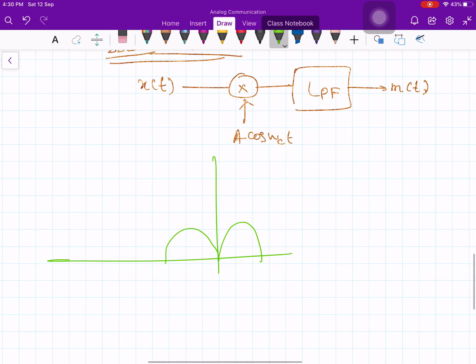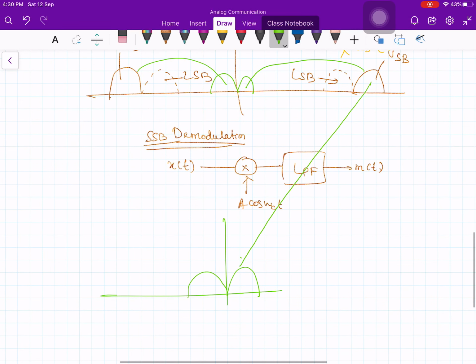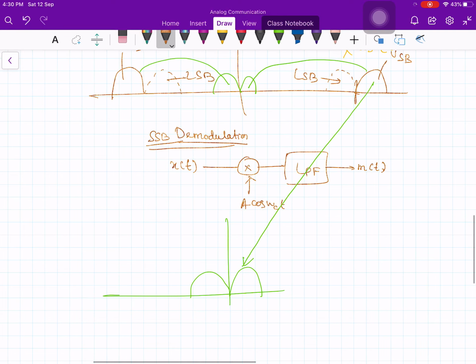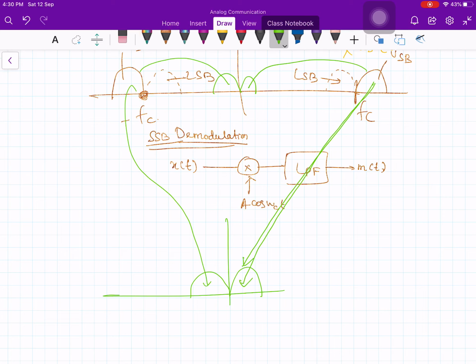So the plus fc component comes over here. This is plus fc and this is minus, sorry, this point is plus fc and this point is minus fc. So this minus fc component will come over here and the plus fc component will come over here. So you get the baseband spectrum, what you wanted. So there is absolutely no difference in the demodulation process. It remains the same.